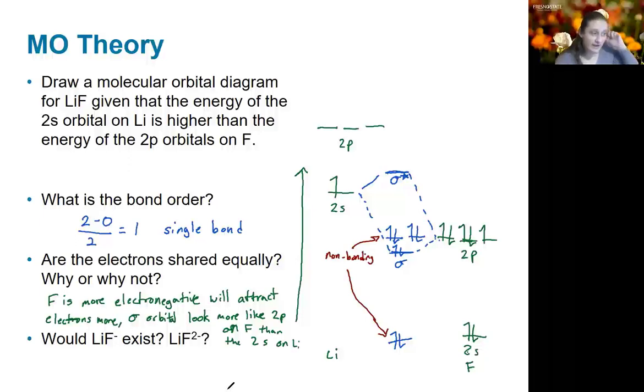In the last question, we're asked about LiF minus and LiF2 minus. So LiF minus would result from adding 1 more electron, and the only place to add another electron is to this antibonding orbital. So LiF minus would have a bond order of 1/2.